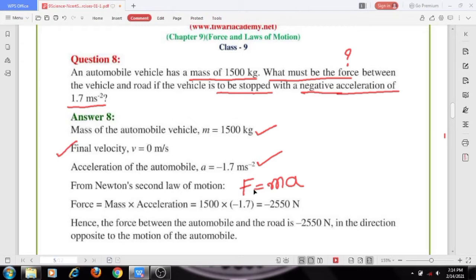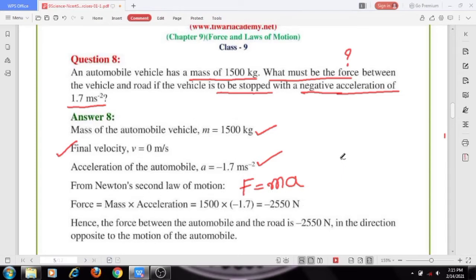Now substitute the values in the equation. Force equals mass into acceleration. Mass is 1500 kg and acceleration is minus 1.7, which equals minus 2550 Newton. Keep it in mind, here I am taking the source from the Theory Academy, and I am giving hints on how to solve these problems.